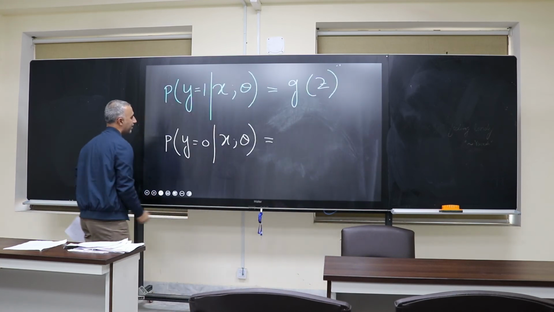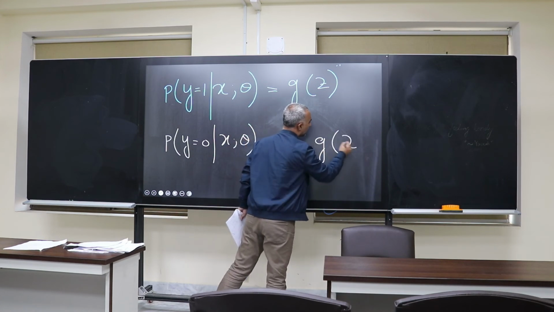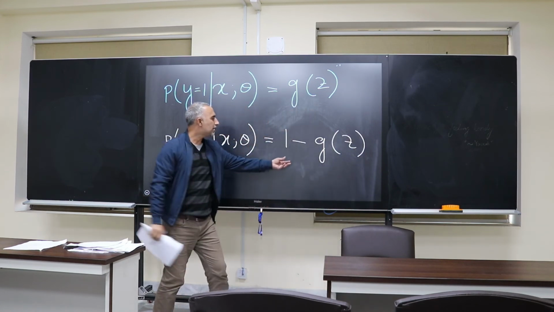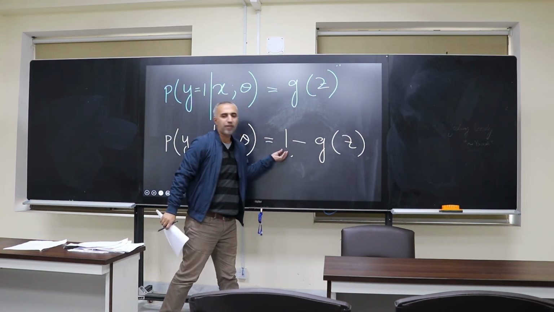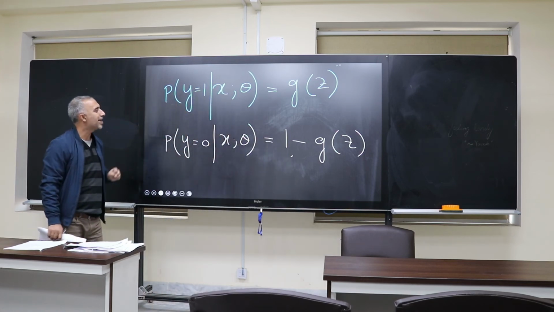So we will get 1 minus g of z. So this sigmoid function will be subtracted away from the maximum value, so you will get the remaining benign output.